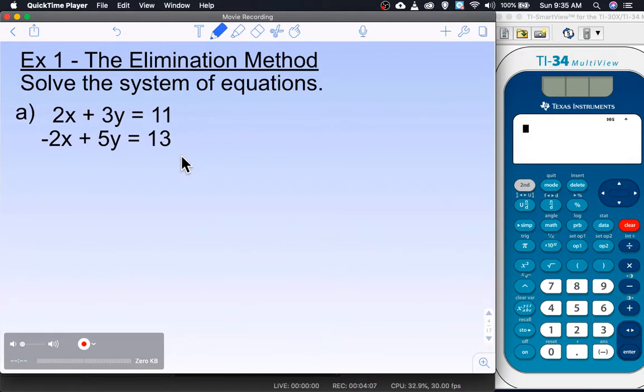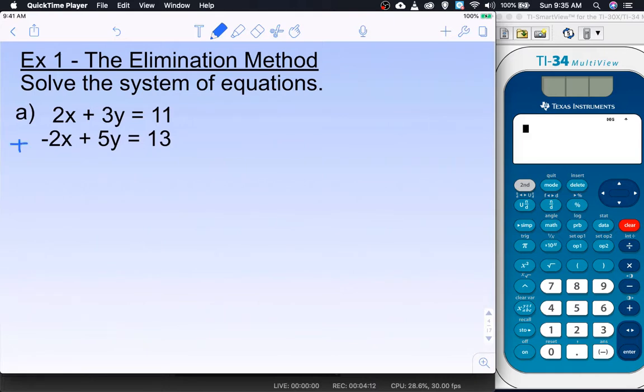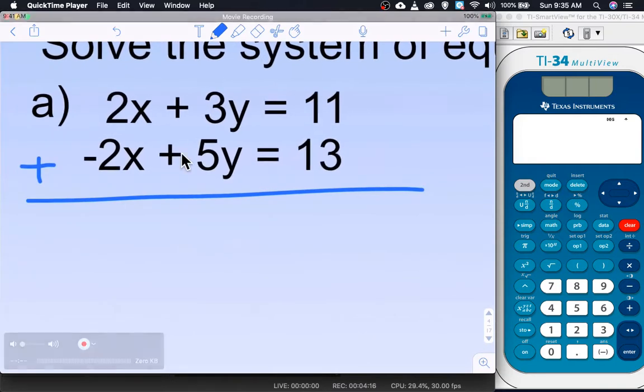The second thing that must be true is, in each of these equations, we are going to add these 2 equations together. Now, what we'd like is for one of the variables, either the x or the y, to have the same coefficient. That is the number in front of the variable. So here, I have a positive 2 and a negative 2.